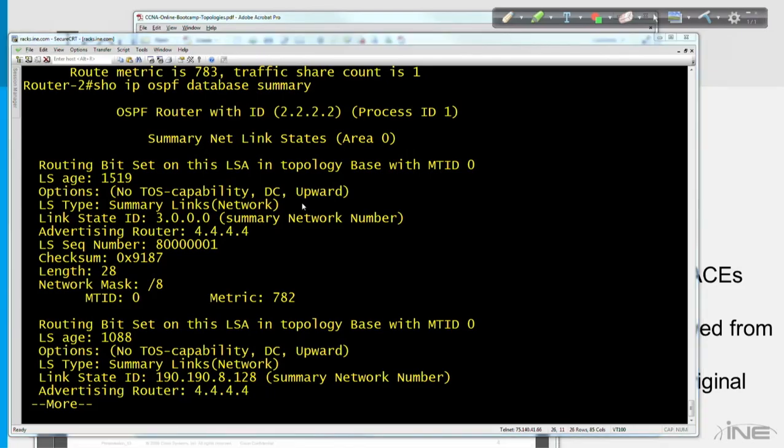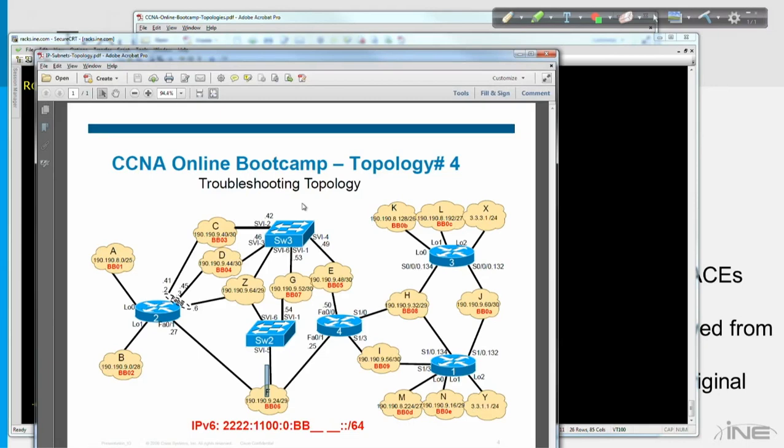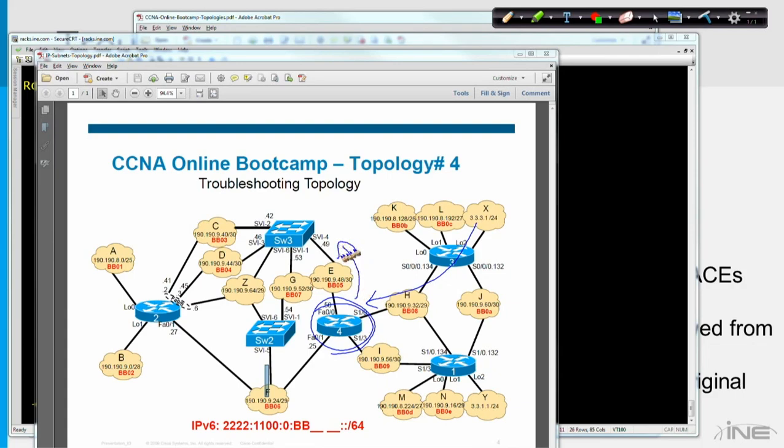If we go back to our diagram here, it would have been router 4, who, when he learned about network X, would have sent a type 3 summary LSA to his neighbors. And so in router 2's database, he's only going to have a single type 3 summary LSA, the one generated from router 4. And then it's up to him to pick whichever path is the best path. So it's okay that he only has one route in his routing table.